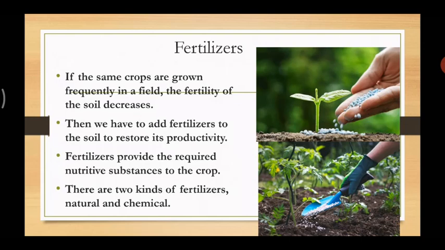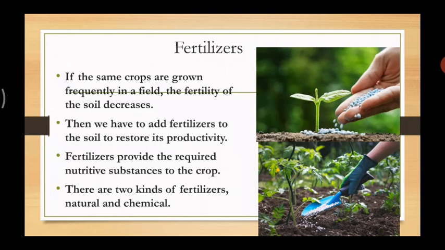In that same place where the plant was grown, you have to add some fertilizers to restore its productivity and to provide the required nutrients to the new crop that will be grown during the next season.